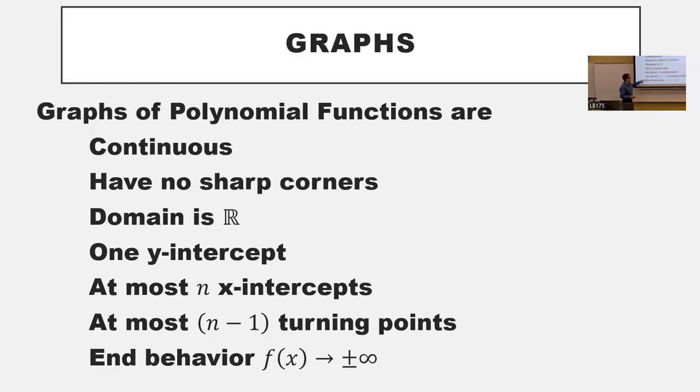End behavior, we saw that at the end of last time. The end behavior is that if x is going off to the right or off to the left, it's going to go up to positive infinity or negative infinity. One of the two. It's going to go up forever or down forever as we're moving to the right, and then up forever or down forever if we're moving to the left.